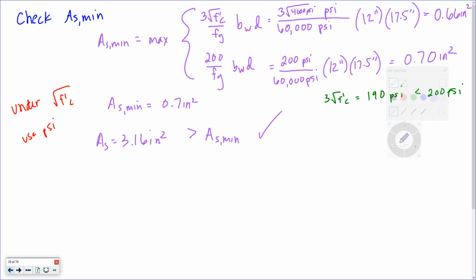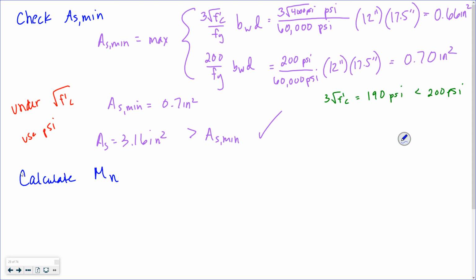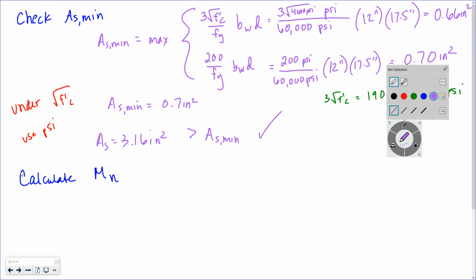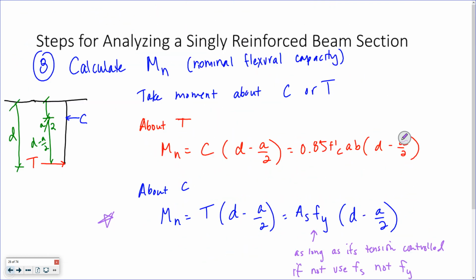Yeah. And finally, let's calculate Mn. I verified that my steel has yielded, so I'm tension controlled. I have more than the minimum required amount of steel. So Mn is equal to As fy times d minus a over 2. That was all the way from back here, right? This one.